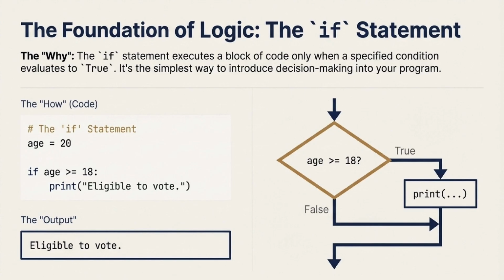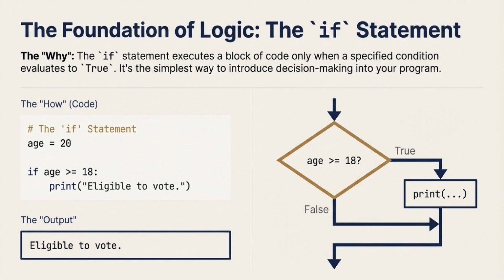We use the if statement to check a condition: age greater than or equal to 18. If this condition is true, Python executes the indented line below it, which prints eligible to vote. If the condition is false, Python simply skips that block of code and moves on.